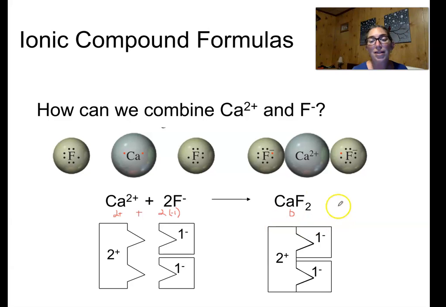And that's what we ultimately want, an ionic compound that has no charge. So I like this little puzzle piece analogy too, to show if one ion has a 2+ charge and the other has a 1- charge, you need 2 of those 1- ions in order to sort of cancel out and complete that puzzle. Okay.